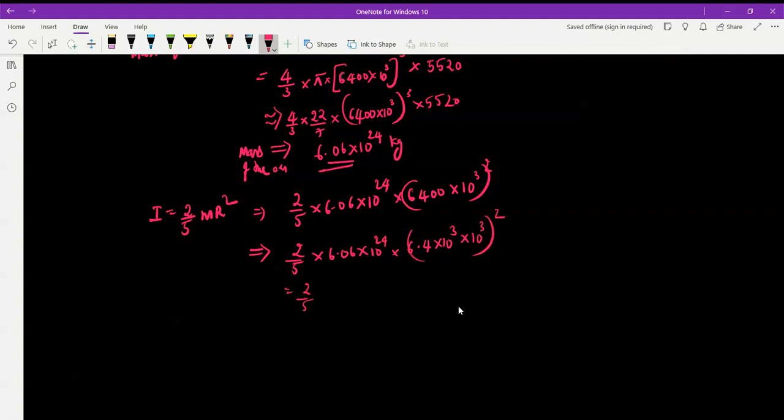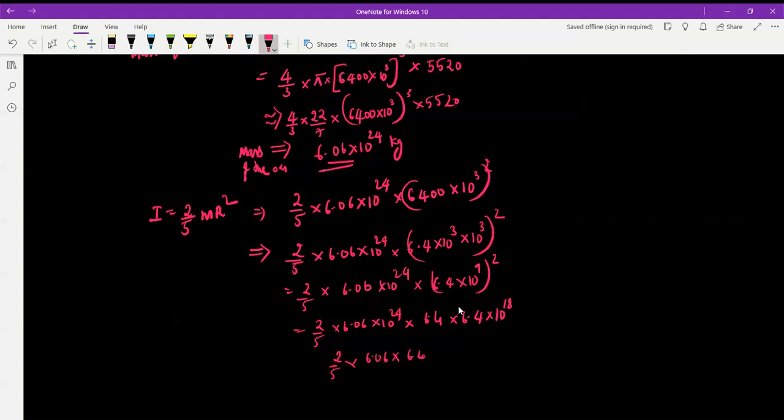So that is 2 by 5 into 6.06 into 10 to the power of 24 into 6.4 into 10 to the power of 9 whole square. 9 into 2 is nothing but 18. So that is 2 by 5 into 6.06 into 6.4 into 6.4 into 10 to the power of 24 plus 18.